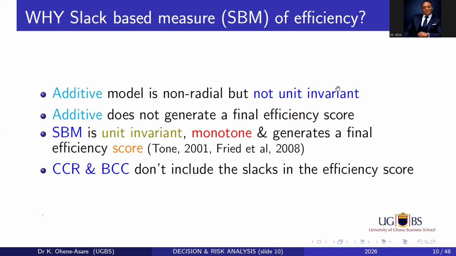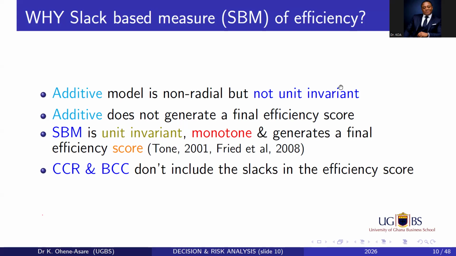What do we mean by a model is unit invariant? What do we mean, Godwell? Unit invariant means that we are able to put in different inputs and outputs regardless of their unit of measurement.